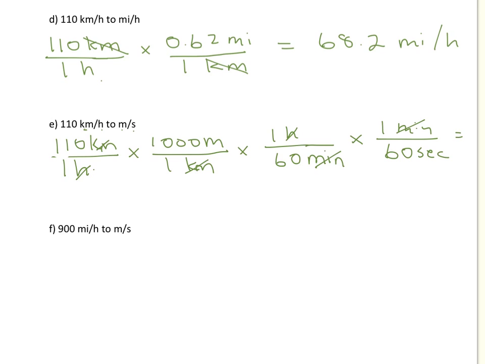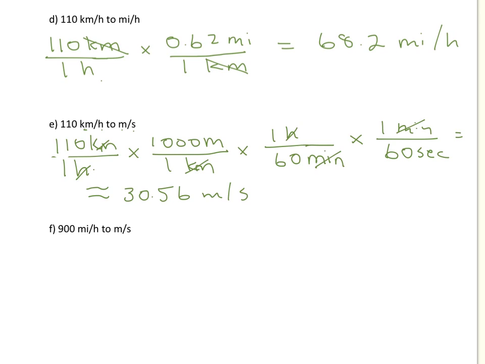So we'll multiply that out, and we'll have 110 times 1,000, and we'll divide by 60 and divide by 60. Anything in the numerator we multiply, any numbers left in the denominator we divide, and we end up with approximately equal to 30.56 meters per second.